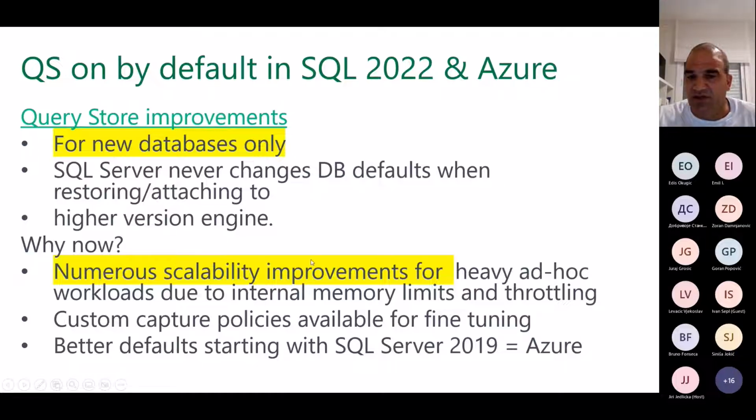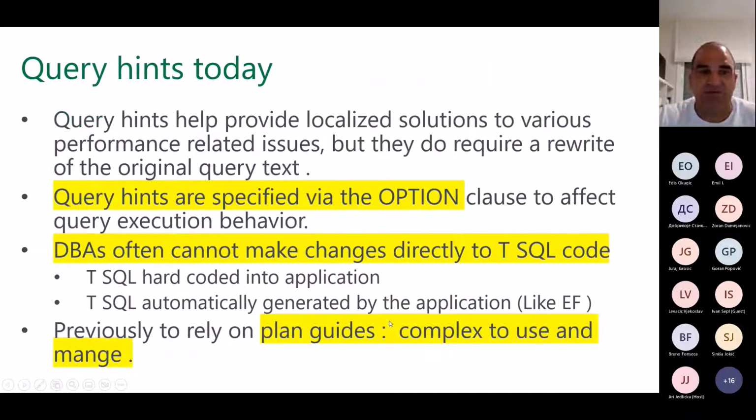There is also the custom capture mode in query store, where you can change the policy of which queries you want to capture, so you can do fine tuning. There are better defaults starting with SQL 2022 and Azure. So again, in SQL 2022, query store is on by default.